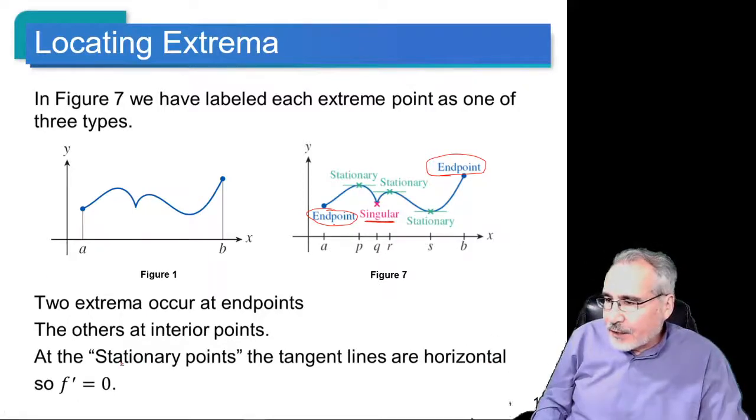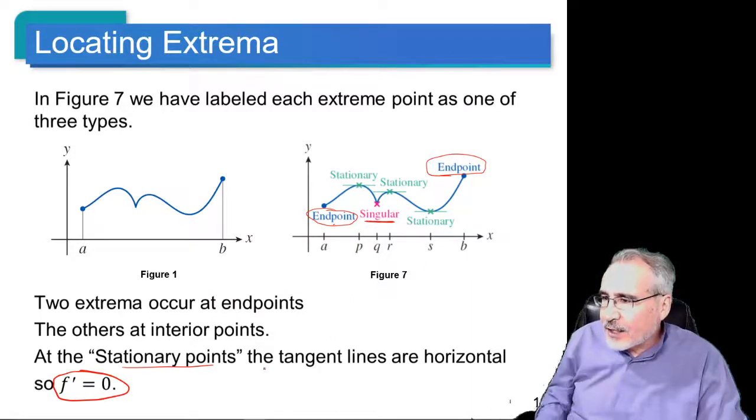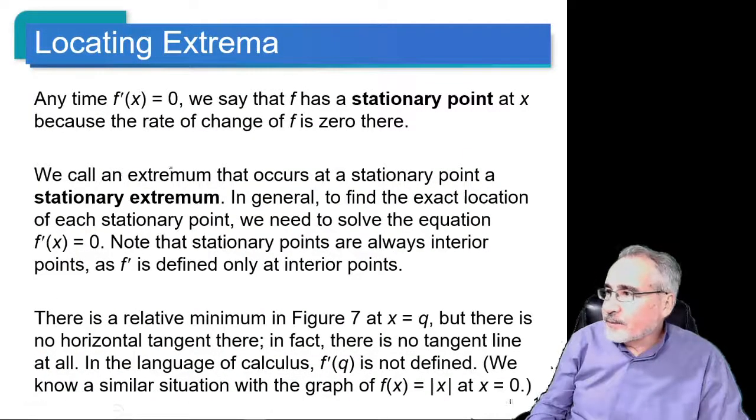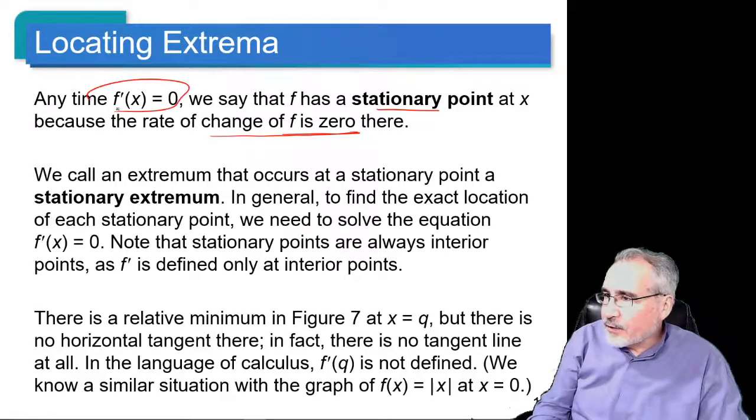So what they call stationary points are where the derivative equals 0, because you'll have a horizontal tangent line there, and then they're going to define here for us what a singular point is. Okay, so we've got stationary points. The rate of change of f is 0, so the derivative is equal to 0.